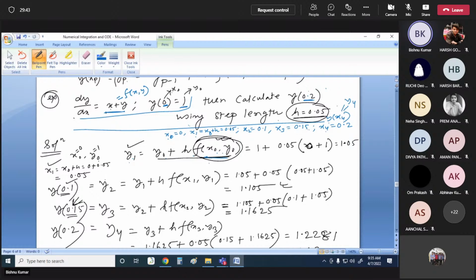It will be different for different questions, so you use that function for different problems. Now h is 0.5, and f of x1 comma y1 means x1 plus y1. X1 is 0.05 and y1 you have calculated. After doing this calculation, it looks like this.